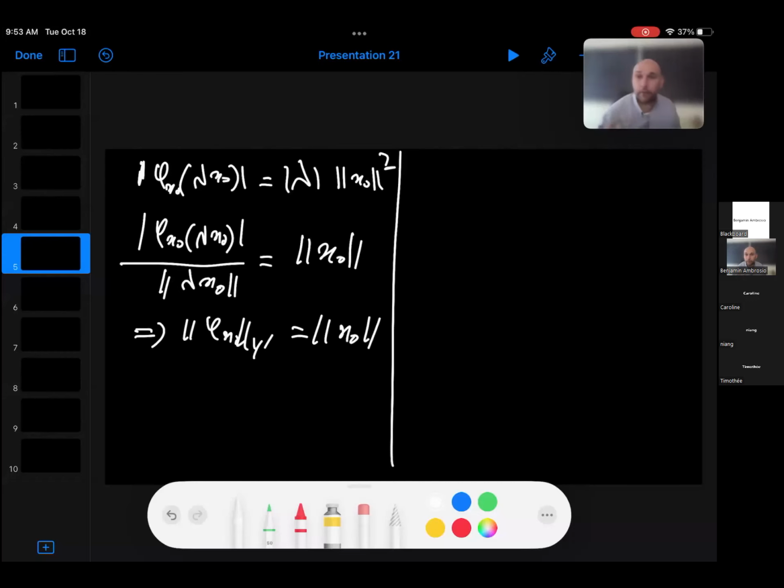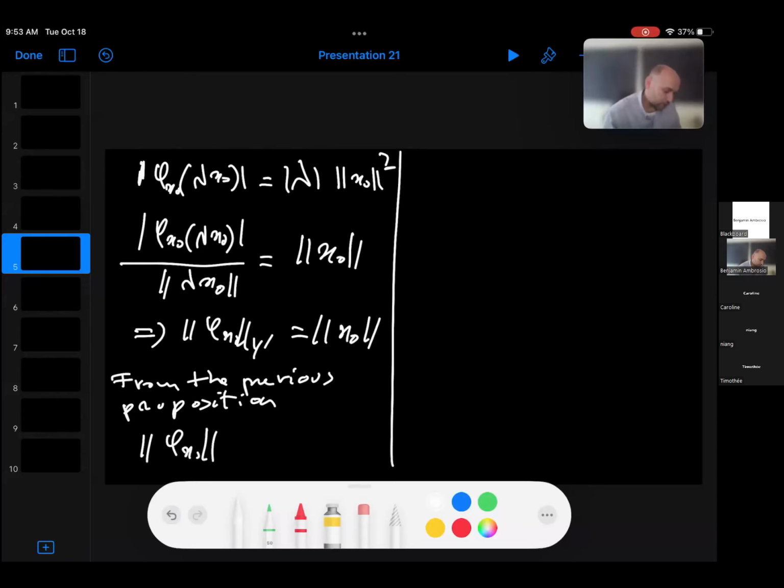And from the previous proposition, my phi node can be extended to a linear functional on X, and I have that the norm of phi node on X prime equals the norm of phi node on Y prime equals the norm of x node.